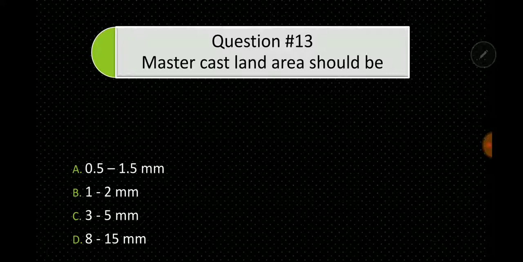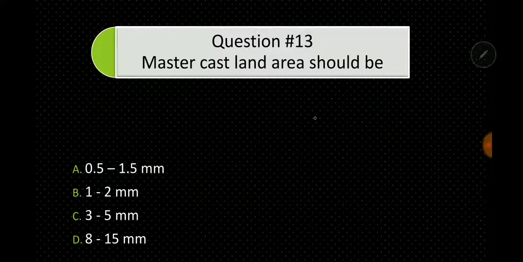And question number 13: how big should a master cast land area be? So you have to know what the land area is. Remember, when you take an impression and pour the impression into stone, now you have the cast.